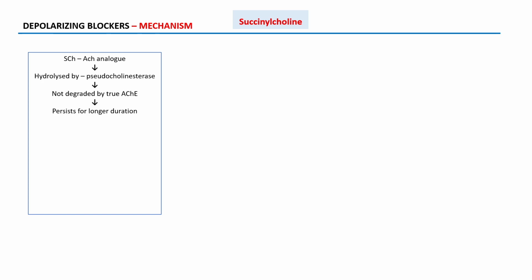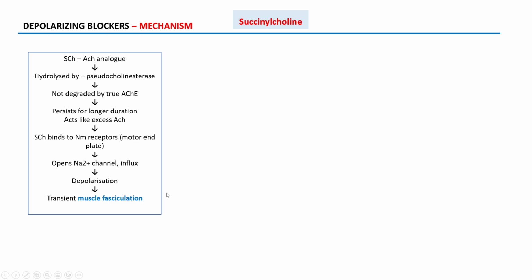This leads to a persistent, longer action due to the persistent staying of succinylcholine at the synaptic cleft. So this acts similar to an excess of acetylcholine, and succinylcholine binds to the NM receptor present in the motor end plate, opening the sodium channel, and sodium influxes into the postsynaptic membrane, leading to depolarization, which is responsible for transient muscle fasciculation.